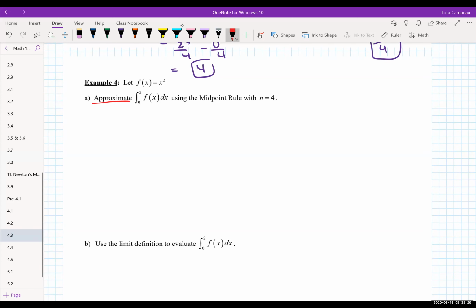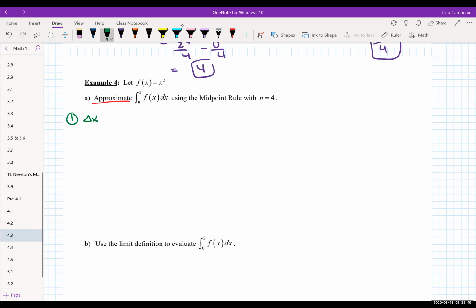So you have to think about what that really means. What I'll probably do is show this off to the side. This was like when we're using the left limit and right limit, and midpoint is the midpoint. So the first thing I'll do is calculate my delta x.